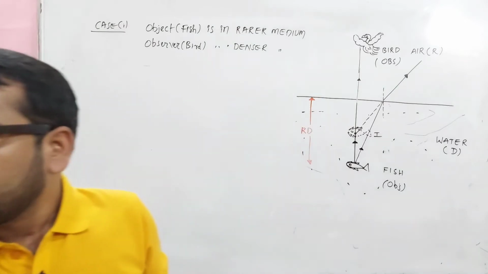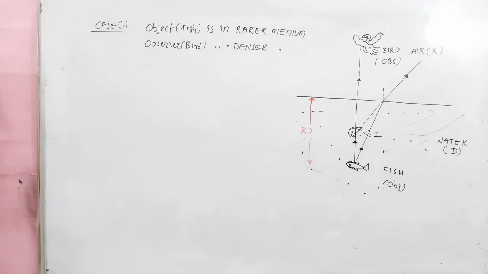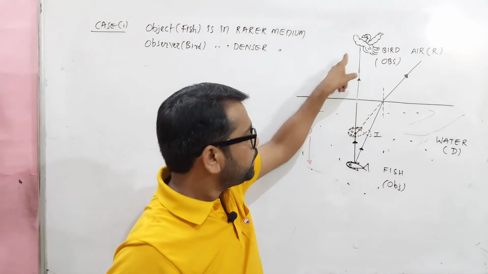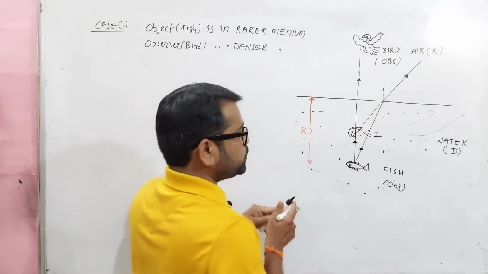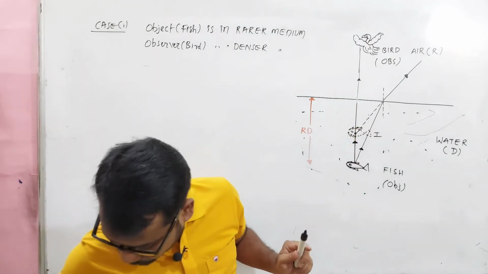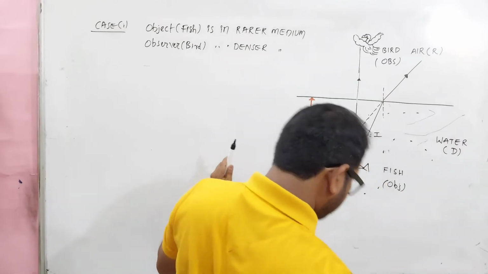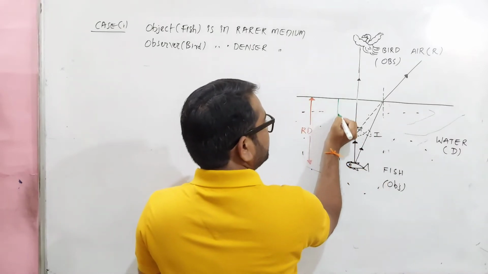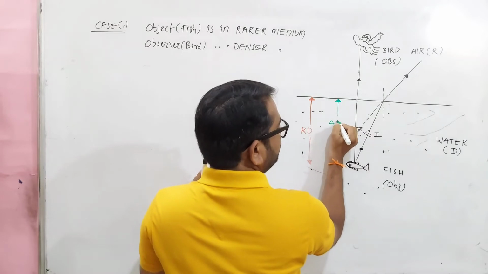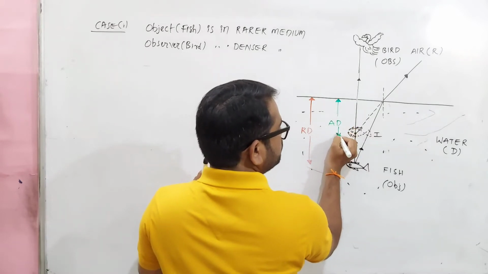But dear children, how is the fish appearing? It is appearing as if it is raised. For this bird, the fish appears at this point. The depth at which the image is formed is called apparent depth. Children, apparent depth means not true.